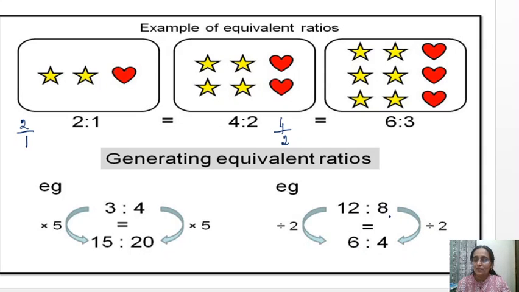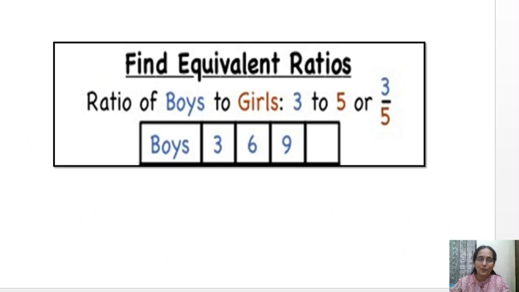When you divide the second term of the ratio by 2, 2 4s are 8, you will get 4 as the second term of the equivalent ratio. So, like fractions, you can generate equivalent ratios either by multiplying or dividing the two terms of the ratio by the same number. Hope you are clear in getting the equivalent ratios.